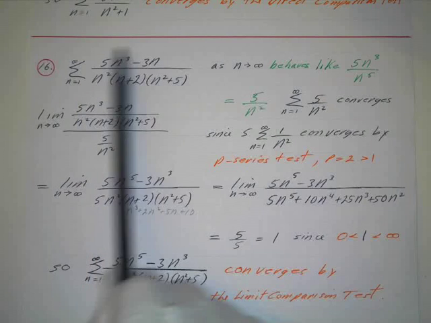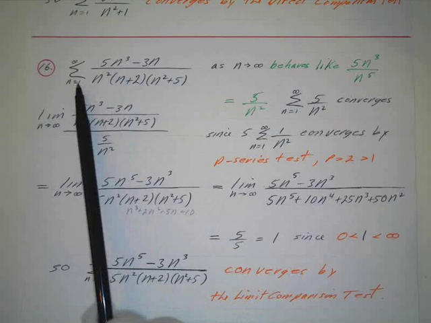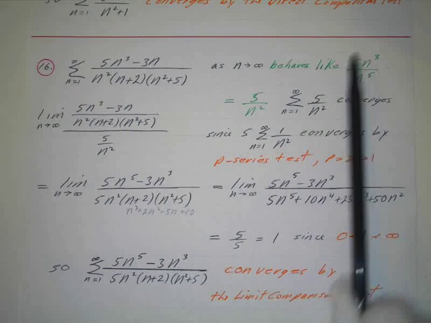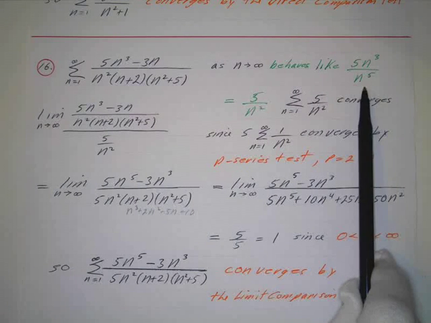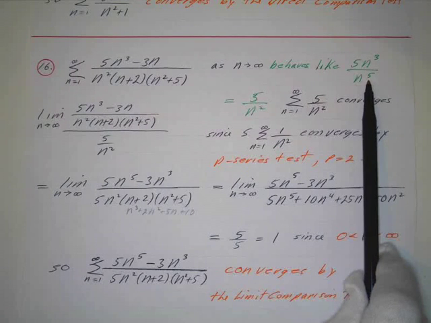So this whole rational expression, as n approaches infinity, will behave much like this one, because the other terms aren't so significant as we get very, very large.